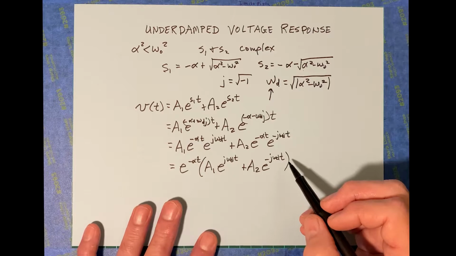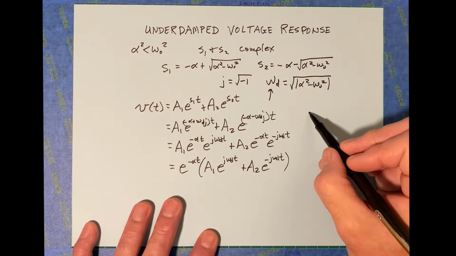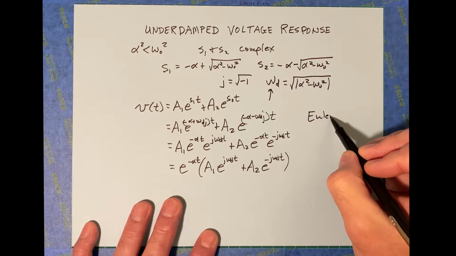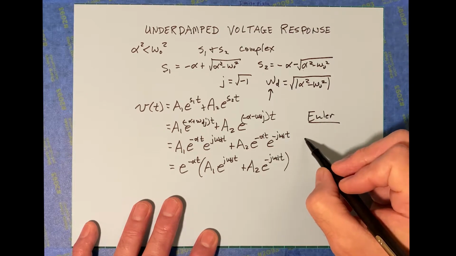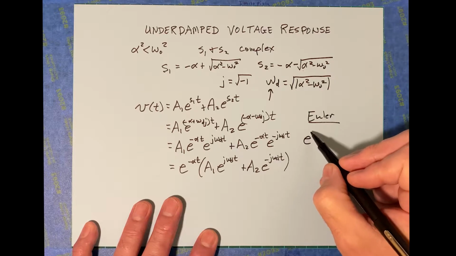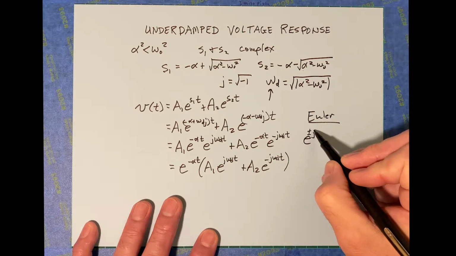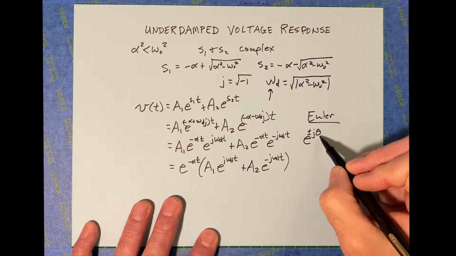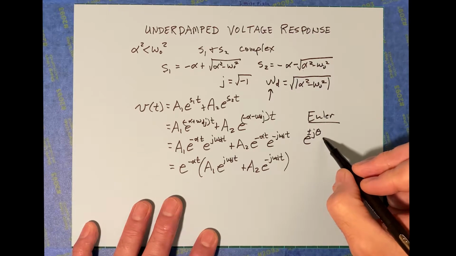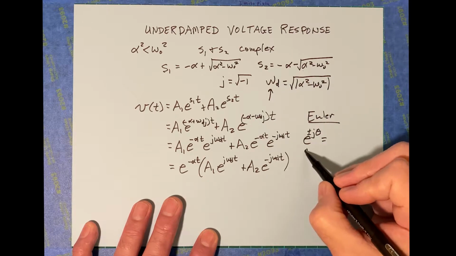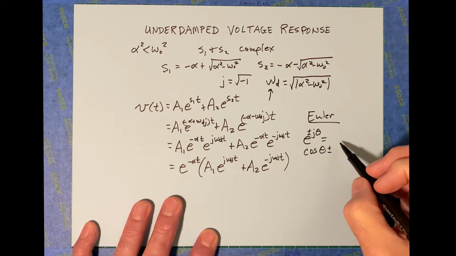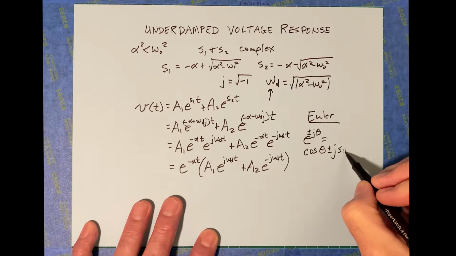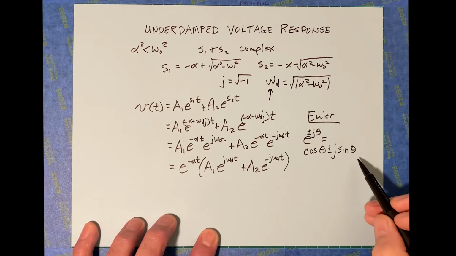All right, now we're going to introduce an identity. It's technically, I guess, a trig identity, and it's called the Euler identity. It's this: e to the plus or minus j theta, where theta is an angle here, is equal to the cosine of that angle plus or minus j times the sine of that angle.